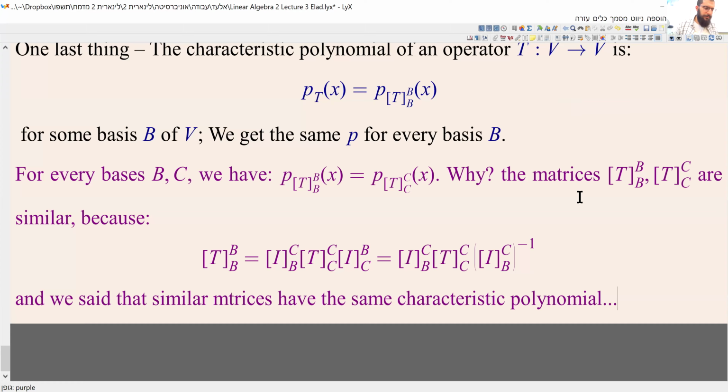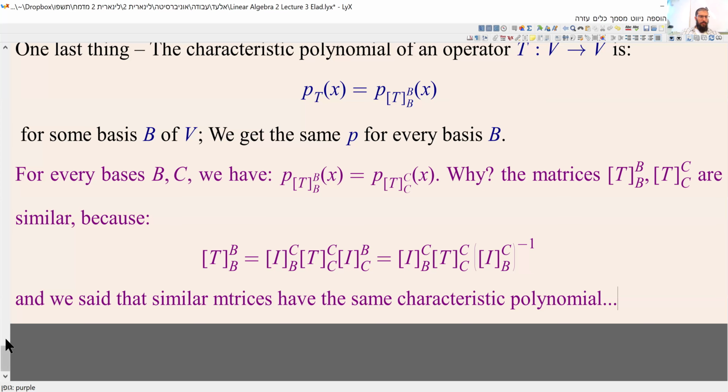So it doesn't matter which basis you choose to work with. The matrices can be different, but the characteristic polynomial and everything else that is important to us, the eigenvalues and determinant, etc., will be the same.